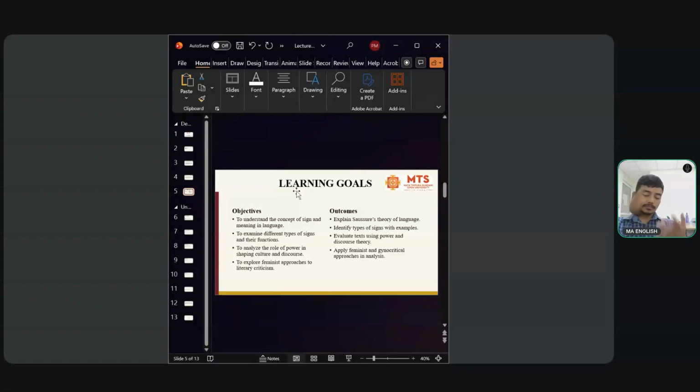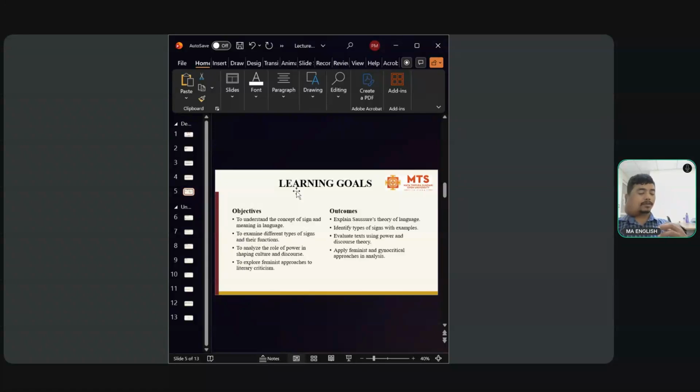And the outcomes: first, you will be able to explain Saussure's theory of language; second, you will be able to identify types of signs with examples; and third, to evaluate texts using power and discourse theory.